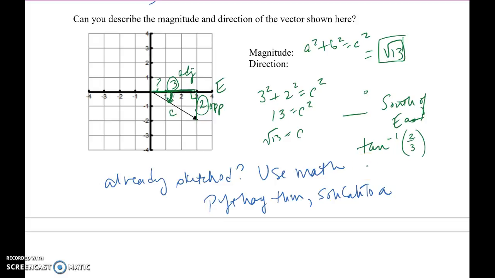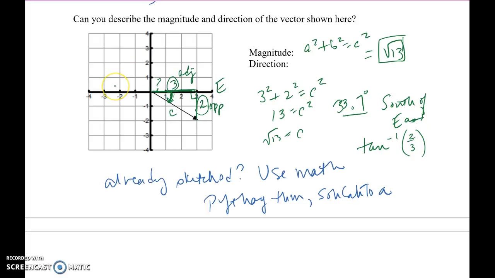If you remember correctly, the inverse functions are for when you're looking for the angle. They will find the angle for you. And 2 over 3, because it has to be opposite over adjacent. Once you type that in, you will get your angle. So let's make sure we're in degree mode. Let's type it in, and we should all get the same thing. Okay, I just typed it in, and I got 33.7 degrees. And then of course the south of east is behind it.